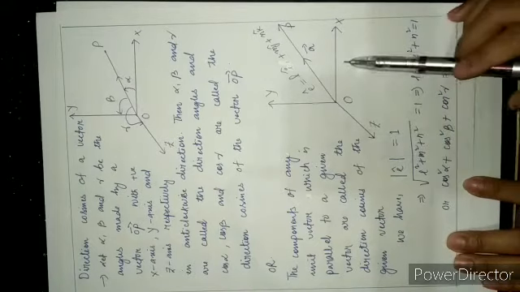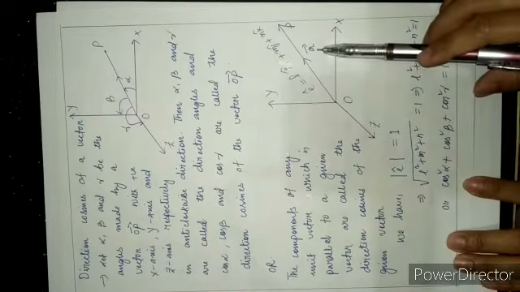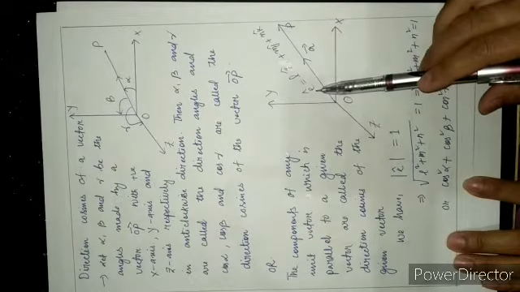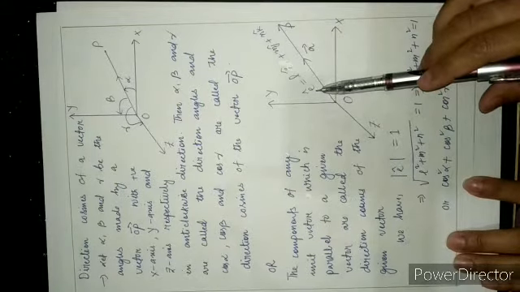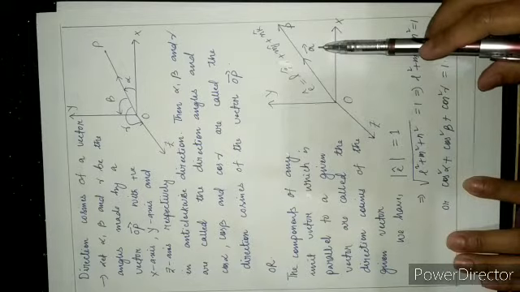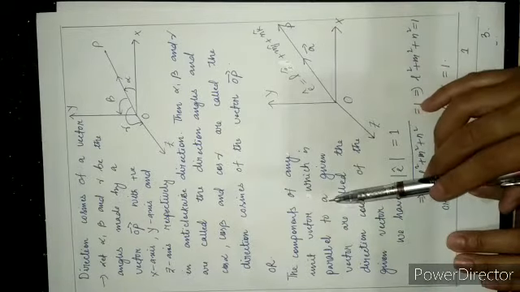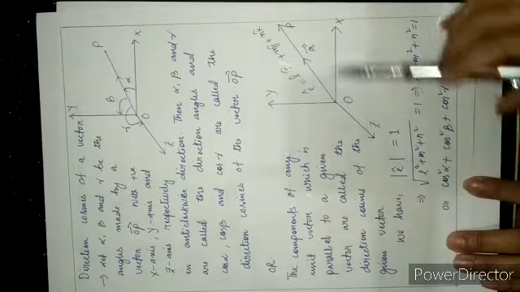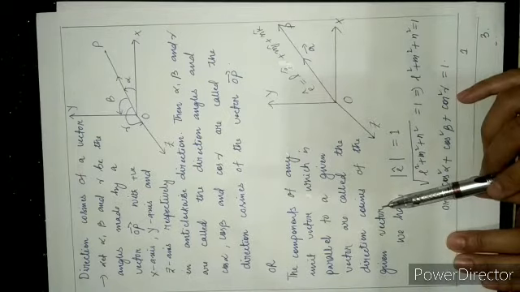cosines of the vector. Take the given vector A, and take the parallel unit vector E. The components of this E vector, which is parallel to the A vector, are called the direction cosines.